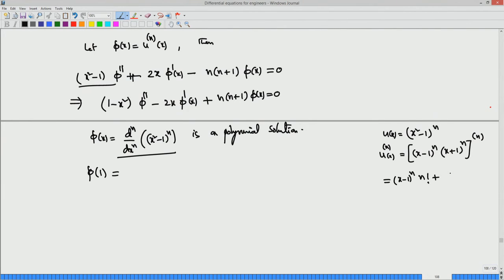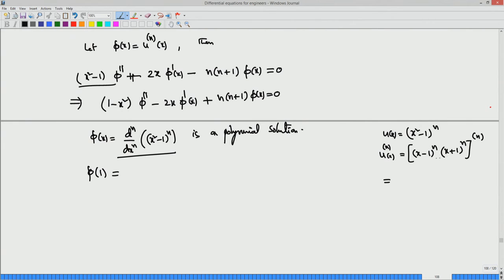Plus nC1: you differentiate this x, getting n times x^(n-1), and you differentiate the other n minus 1 times. So you have the n minus 1th derivative of (x + 1)^n. Instead you can also do it another way.